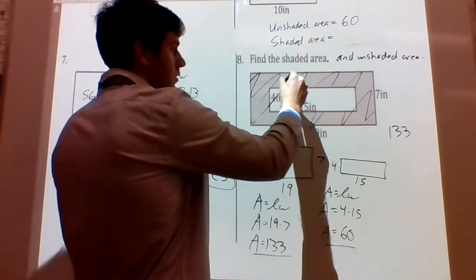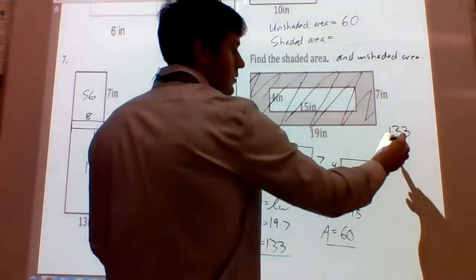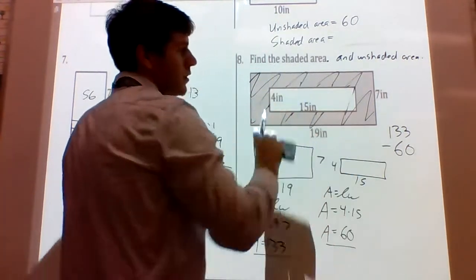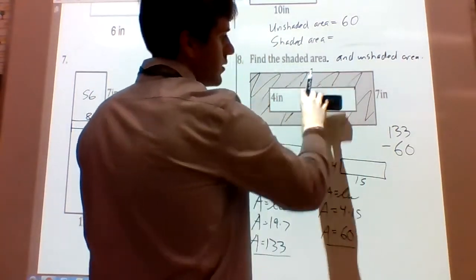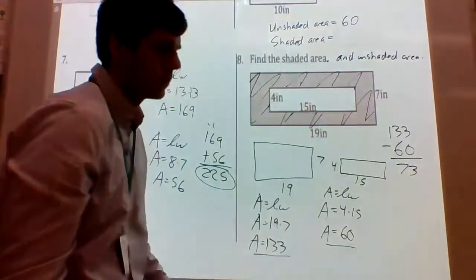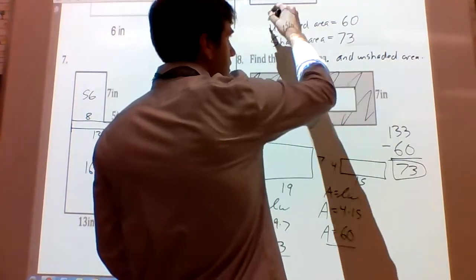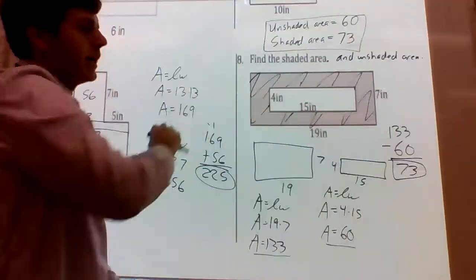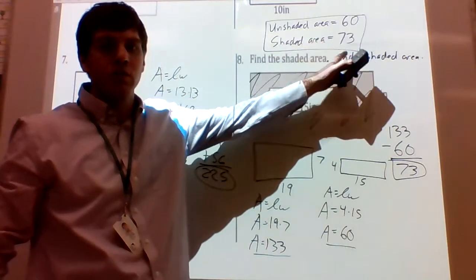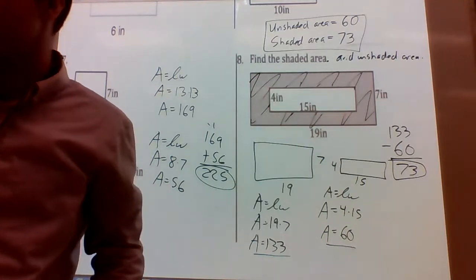So we started with 133, and we're going to subtract 60, and we are left with 73. So our shaded is going to be 73. We took the total of the rectangle on the outside, which is 133, and we subtracted the unshaded to give our shaded answer. So 73 inches squared is the area of the shaded section of that figure.